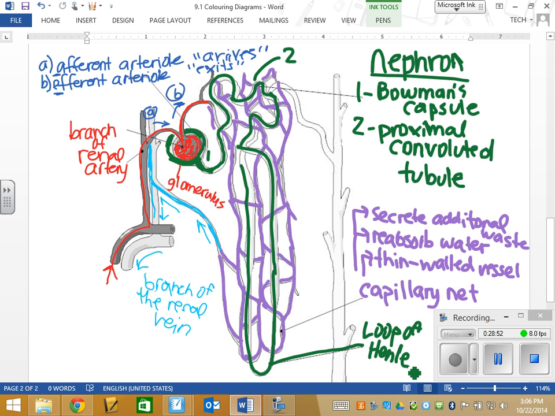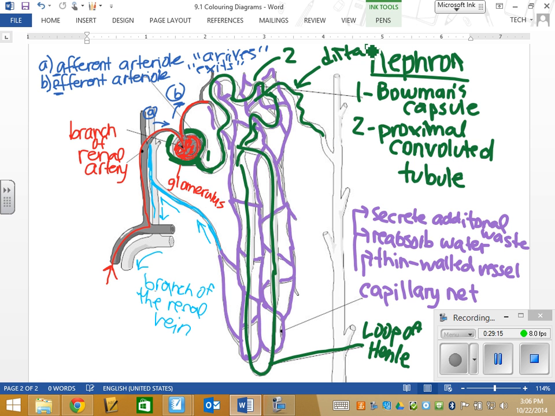That's the part of your nephron that dips down into the medulla. Most of the part at the top is in the cortex, but the tip of the loop of Henle dips down into the renal medulla. If we follow it back up, you get another twisty section of tube over here.